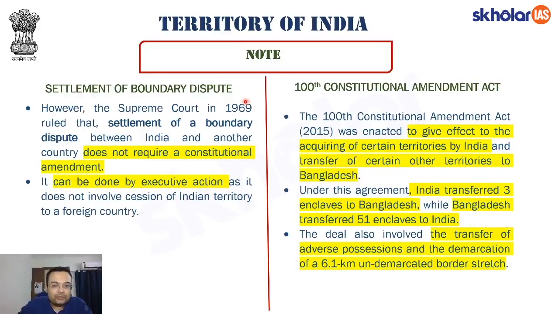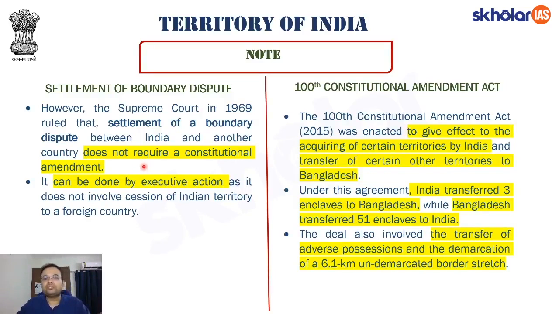So what exactly did the Supreme Court say in 1969? That when we talk about settlement of a boundary dispute, it does not require a constitutional amendment. In Beruberi Union, because the matter related to surrendering India's territory to some other country, we are changing the nature of Article 1, and Article 4 does not give you that exception. As such, a constitutional amendment was required. But when we come to a boundary dispute, it is not a boundary which can be called a part of Article 1.